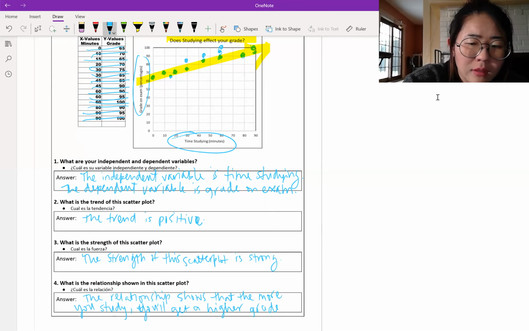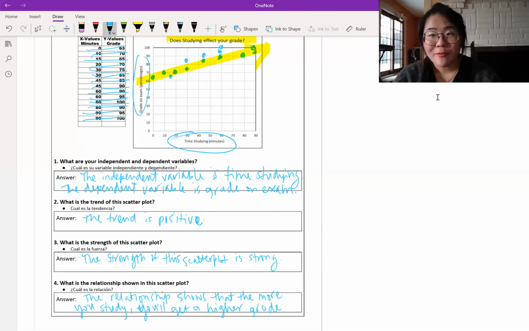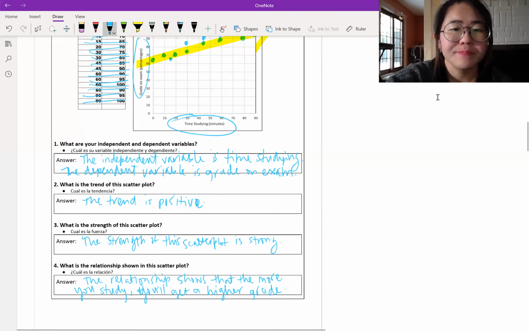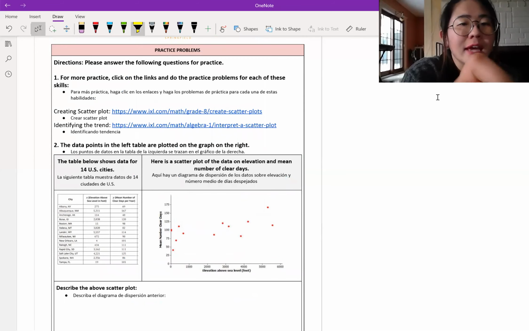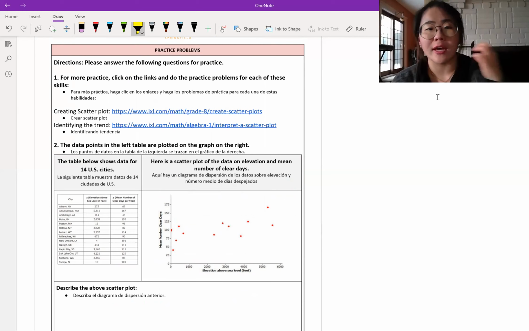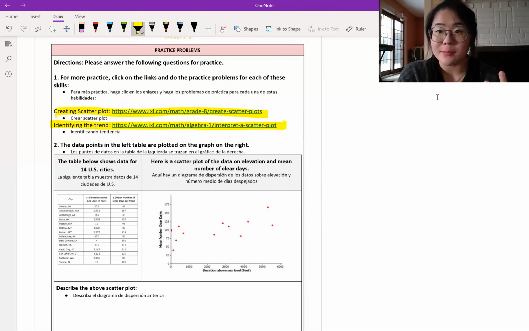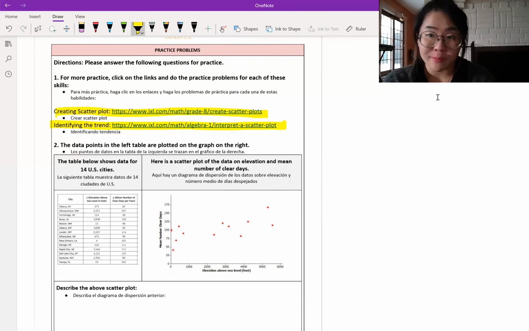All right. So great job, everybody, for writing all these notes down. I'm going to move on to the next page and then go over a practice problem with you guys now. So we're on the practice problem section. You guys notice here that I actually included 2 links. I highly, highly, highly suggest that you actually click on those links and go through the practice problems. This is great if you have a computer and you have access to internet.